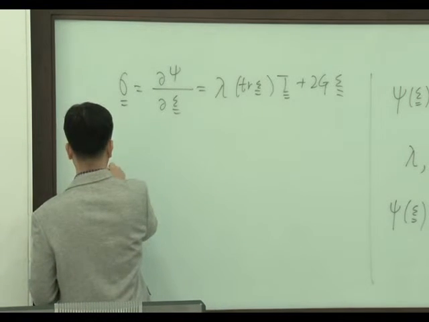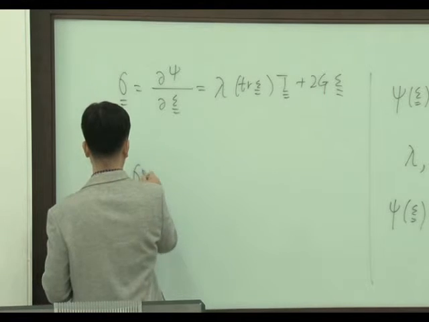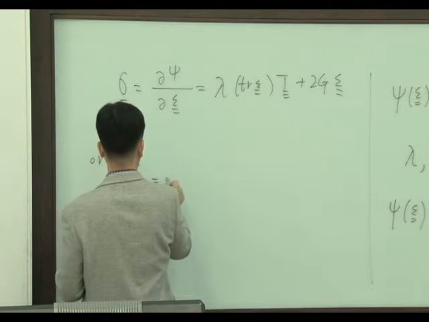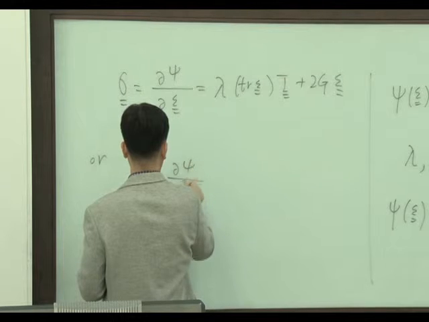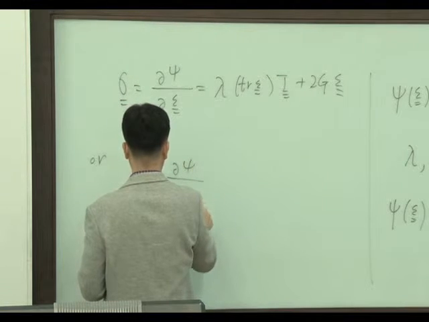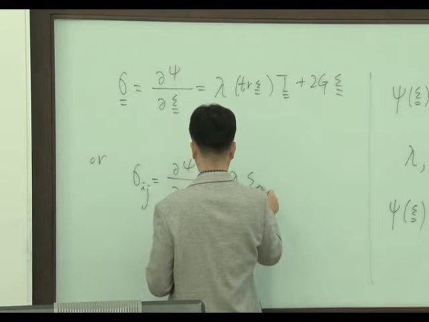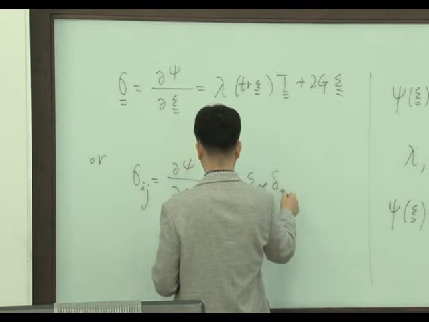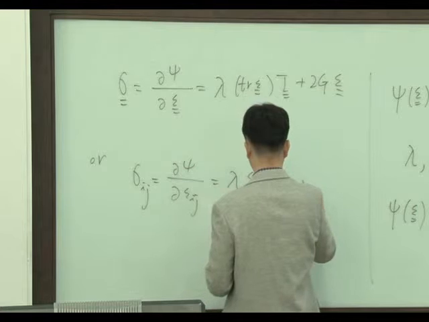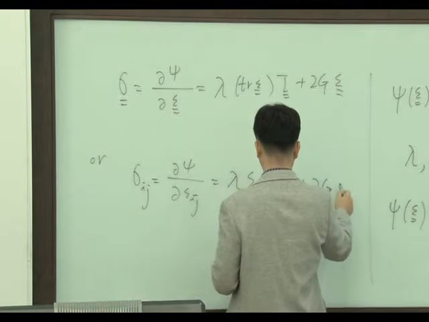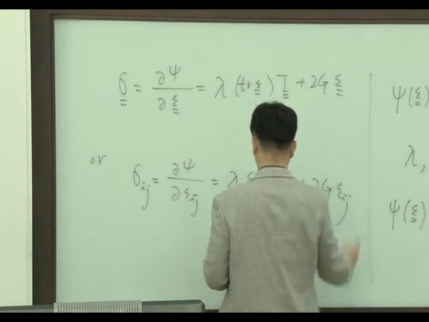Or in tensor form, sigma_ij equals lambda E_kk delta_ij plus 2G E_ij.